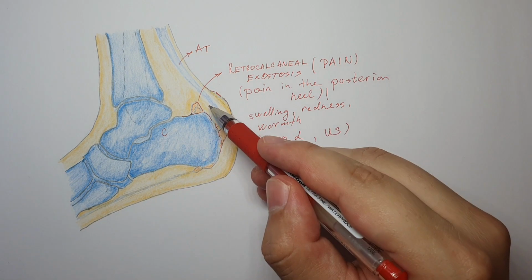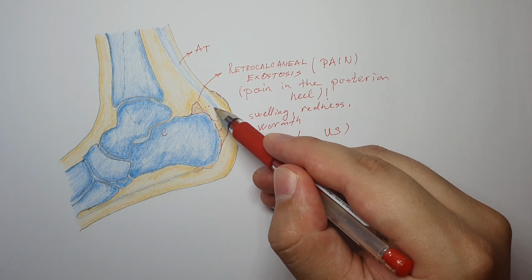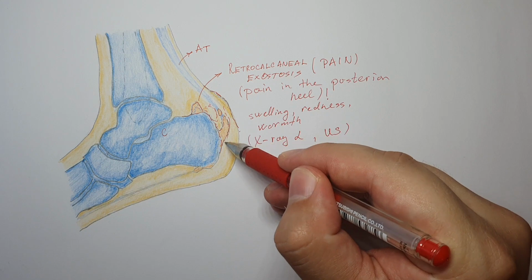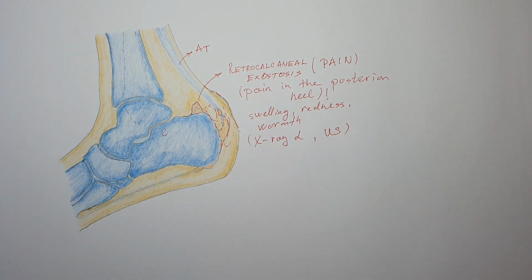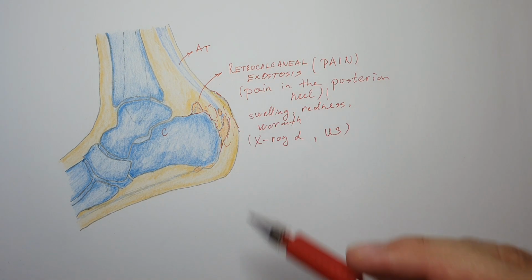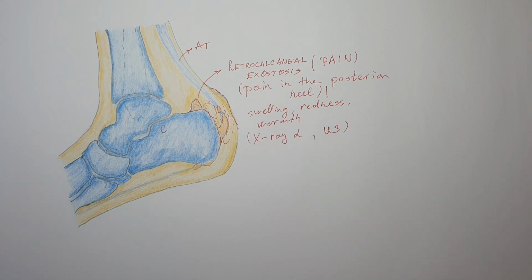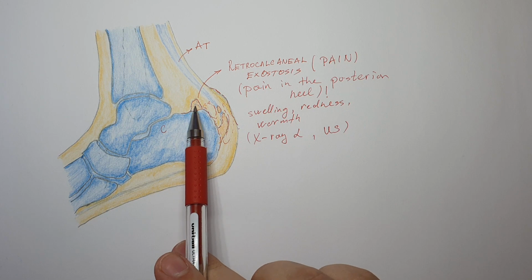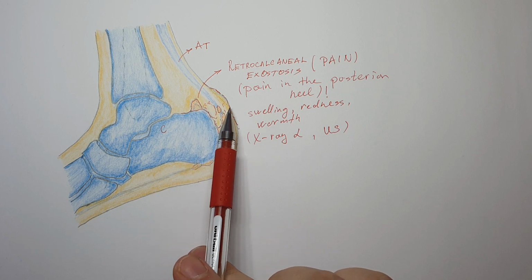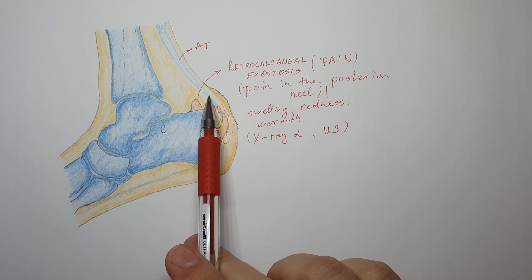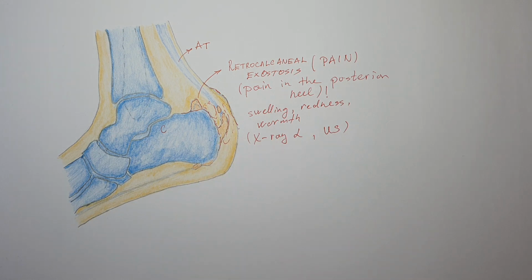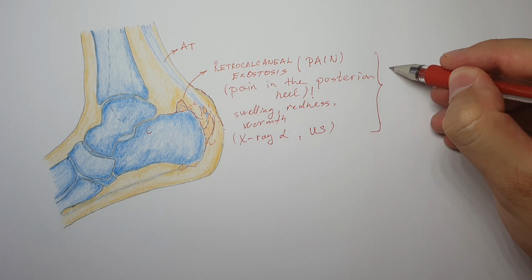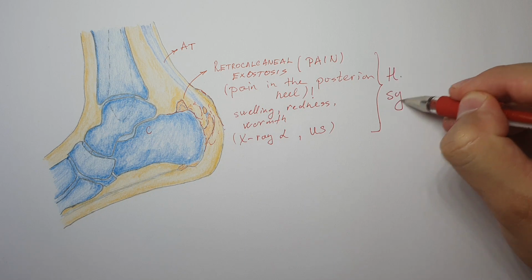And most of the time we also have bursitis of the bursas, the retrocalcaneal bursa and the subcutaneous bursa around the tendon. And if we have all those changes, so if we have a retrocalcaneal exostosis with bursa inflammation and involvement and changes in the tendon, then all of this is actually called Haglund's syndrome.